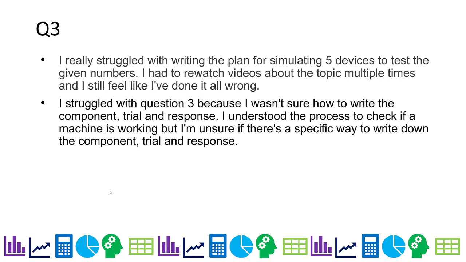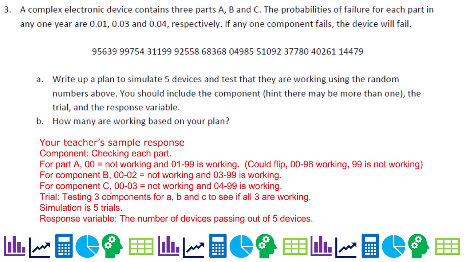Okay, so first of all, don't get too tied up in this component, trial, and response. I was trying to structure it for you to make it a little easier for those of you who like structure. So let's go ahead and look at the scenario.